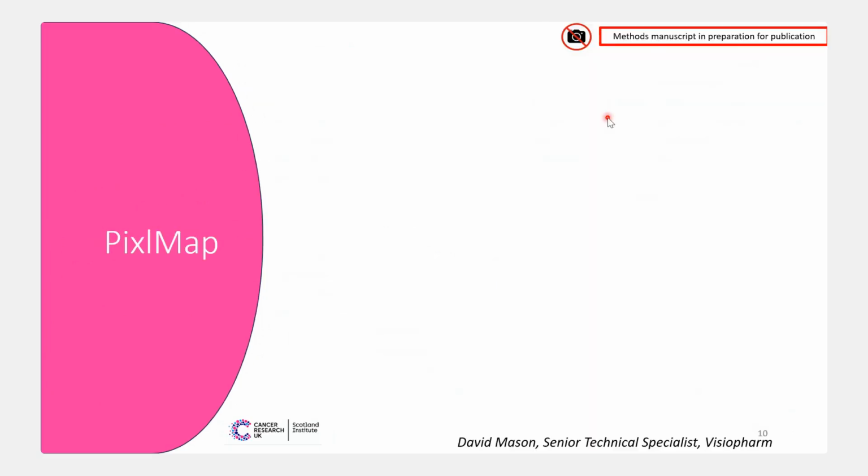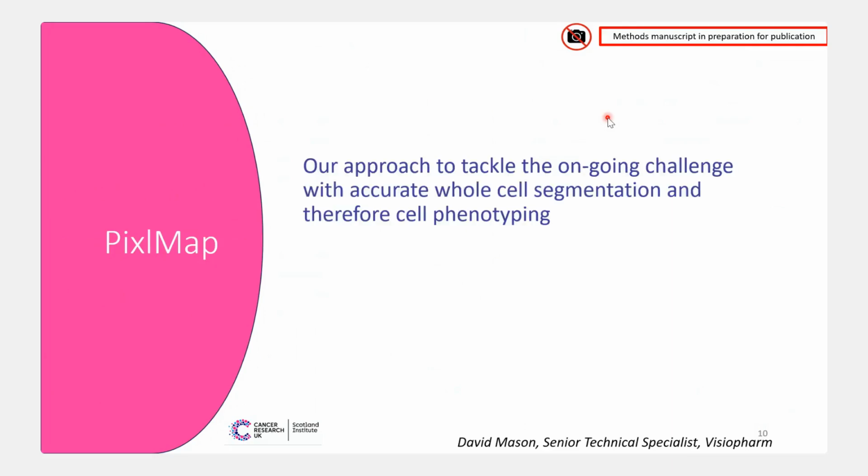So we have developed a method in collaboration with David Mason from Visiopharm, and it's called PixelMap, and I might refer to it sometimes as a global method as well. We're just playing around with names now.